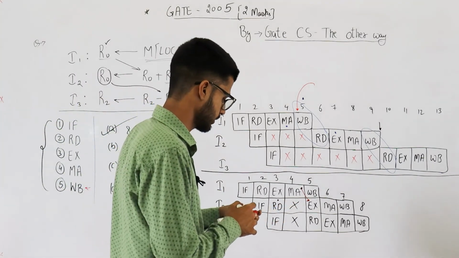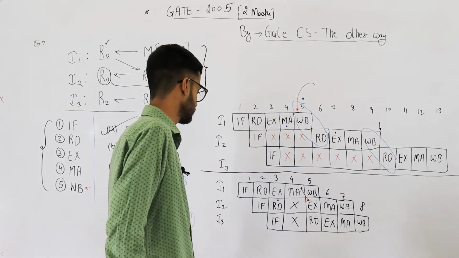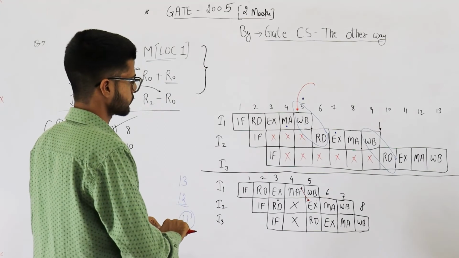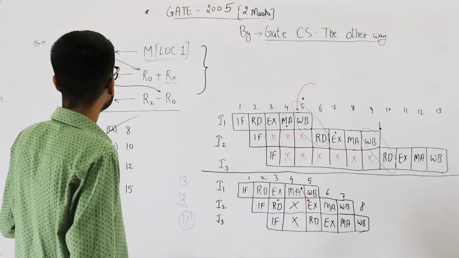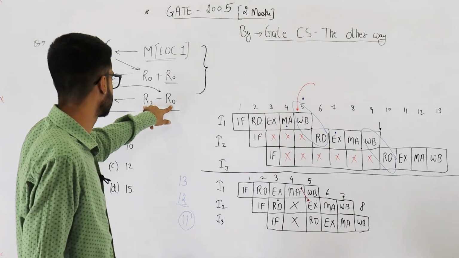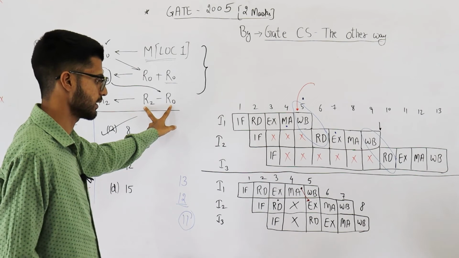Okay, one thing, how is operand forwarding taking place from I2 to I3? First of all, you see, after performing this arithmetic operation, the value is ready.